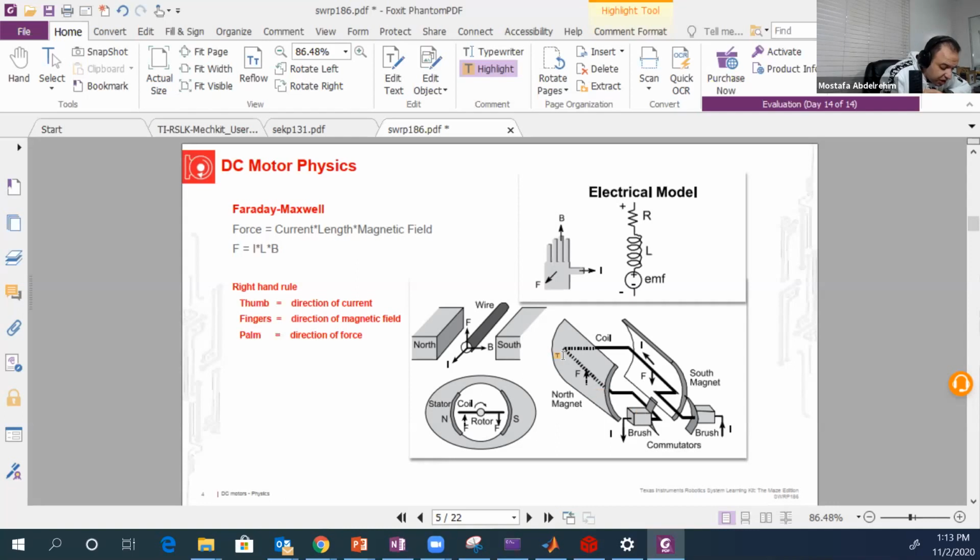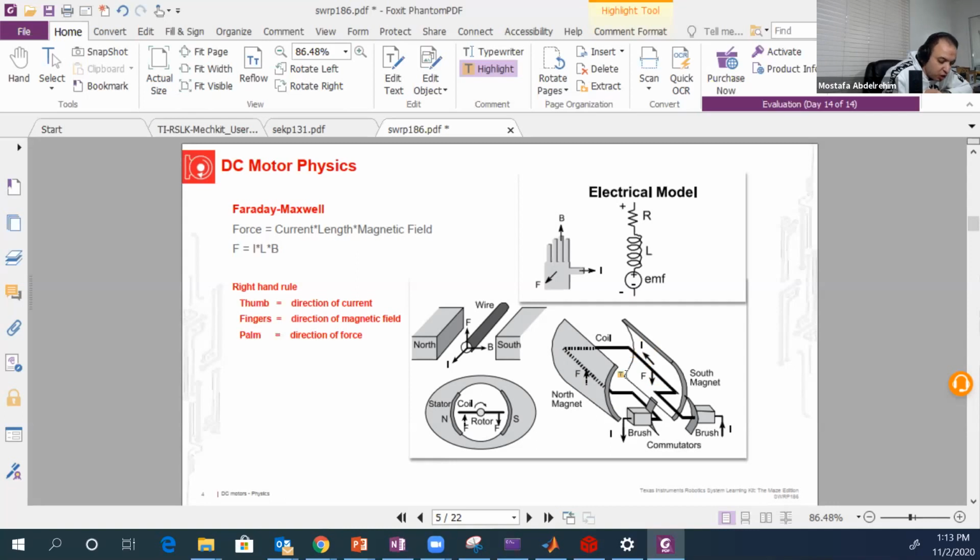On the other hand, in the other wire, this dotted wire which should be hidden, the current is flowing in the opposite direction, from here to here.